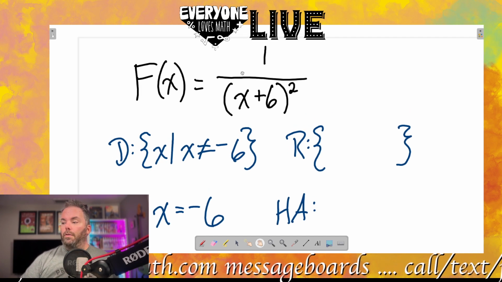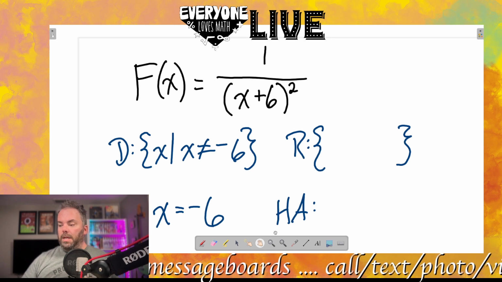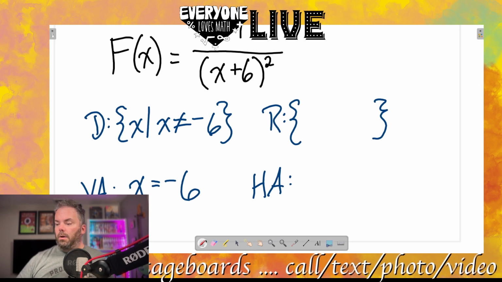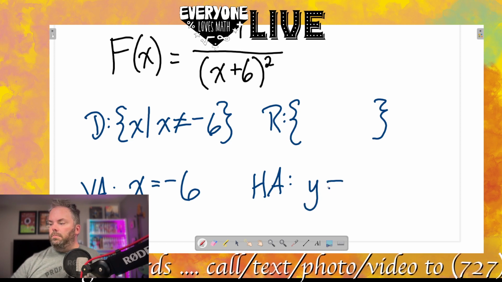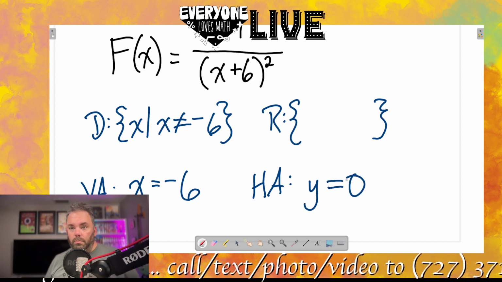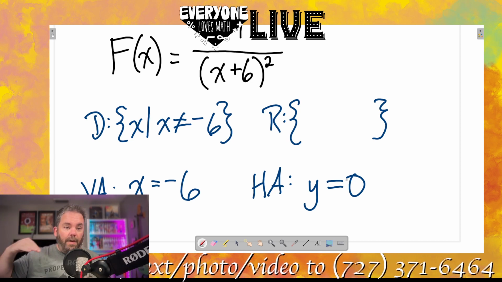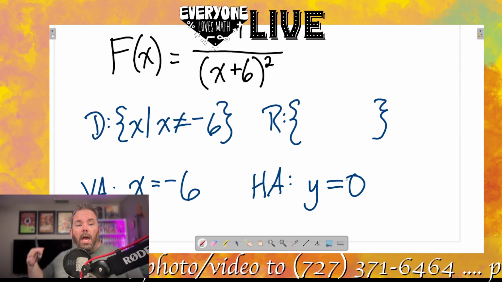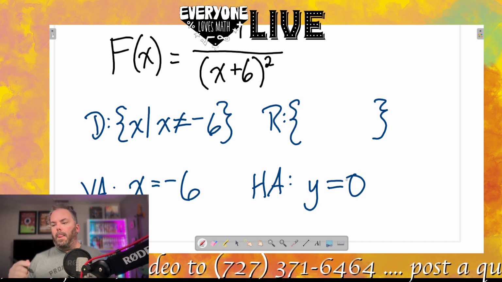This would be 1 over 1,000,006 squared. That would be a number incredibly close to 0. So this thing has a horizontal asymptote at y equals 0. When I pick large values of x, I'm going to have 1 divided by a huge number, and 1 divided by a huge number is very close to 0.